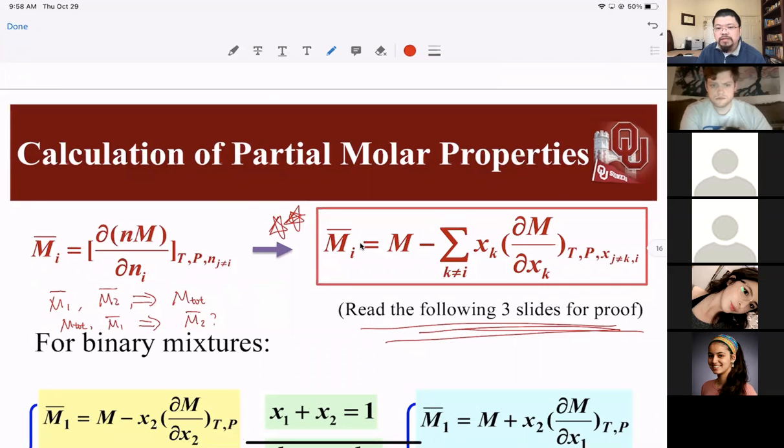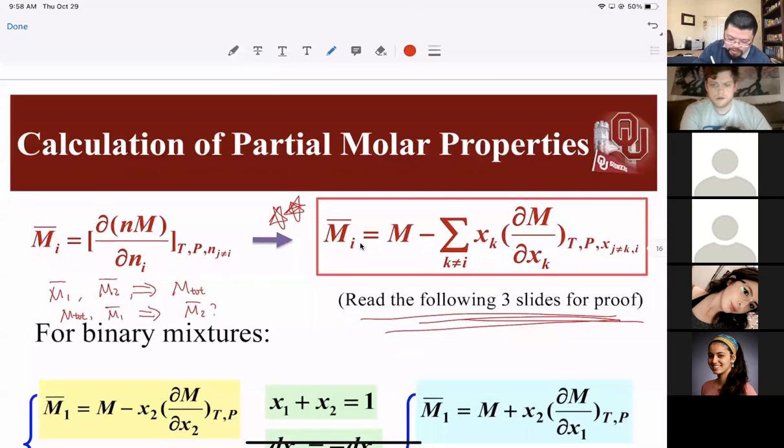Right. So here with this equation and the following proof, this is straightforward: m1 partial is n of the total. So let's add "total" to avoid the confusion. Minus x2.